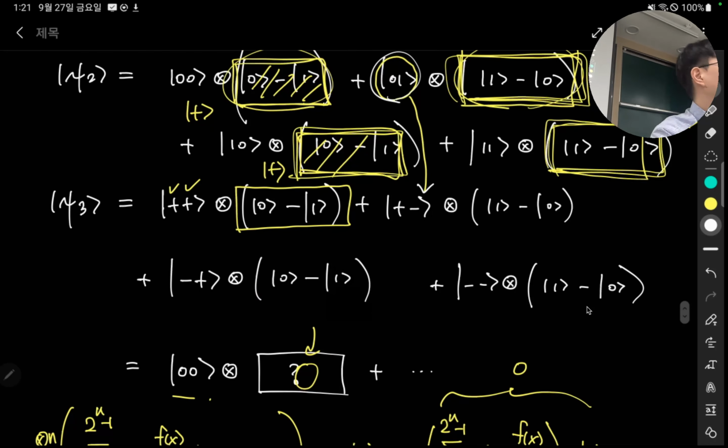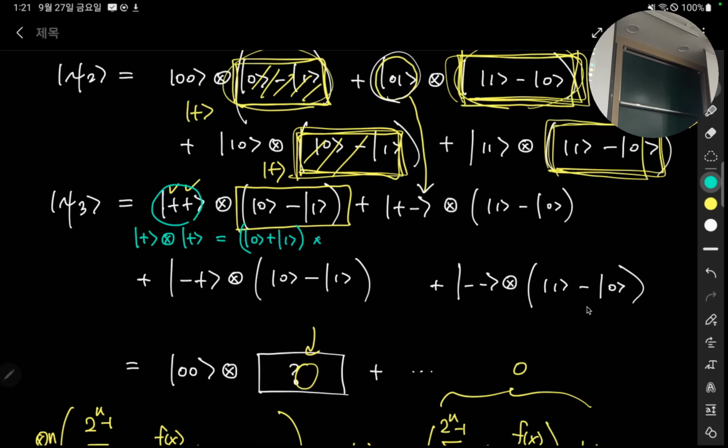Okay, so there are four sums. I want to check what's the coefficient of the quantum state when the input register is at the base state 0. Okay, that's my concern. I don't care about the other states. So I collect them, and if you look at this one, this one is simply plus tensor plus, so it's 0 plus 1 tensor 0 plus 1.